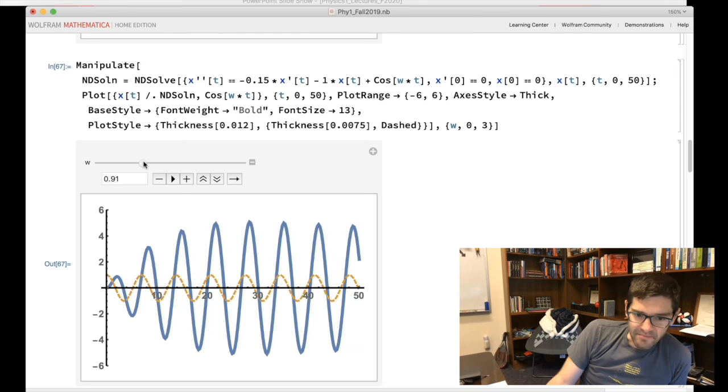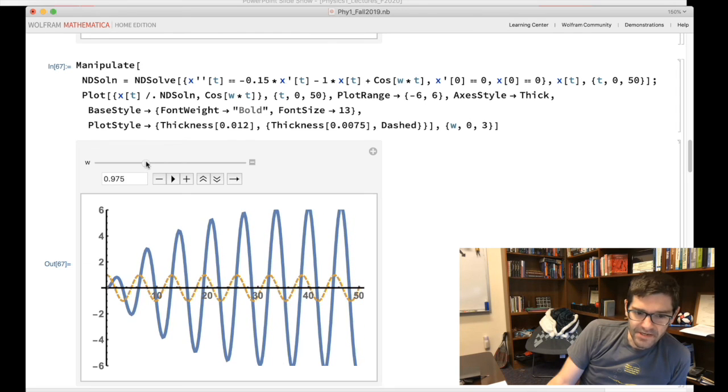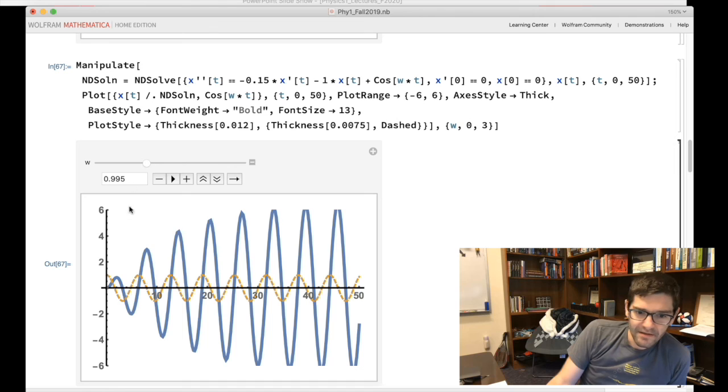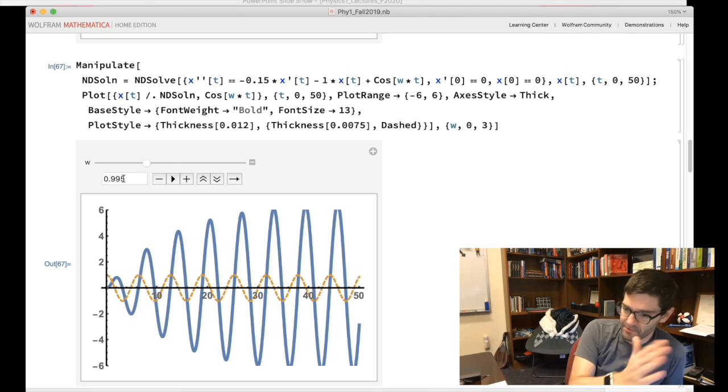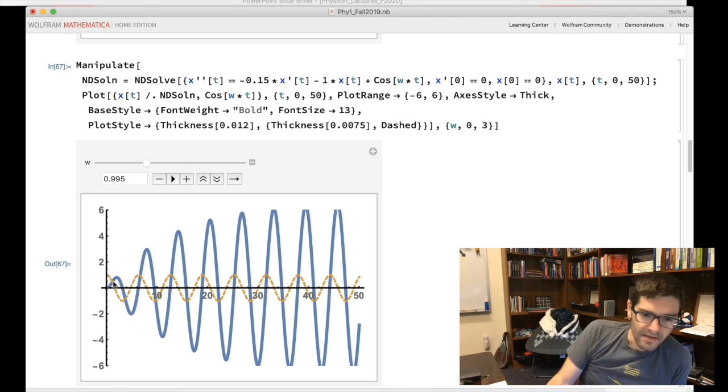But if I were to increase this even more, now I'm approaching the natural frequency, which is unity. Notice what's happening here. I'm driving the system at the natural frequency. I'm singing at the note of the wine glass. I'm always pushing the kid when they're at the back of the swing. And so as a result, the amplitude gets bigger and bigger and bigger.